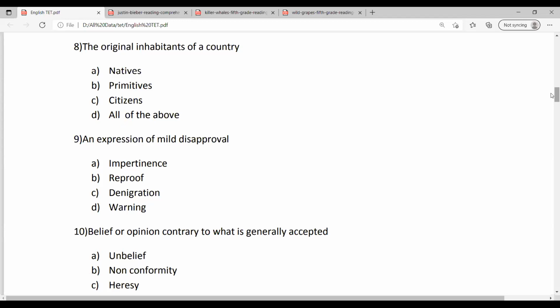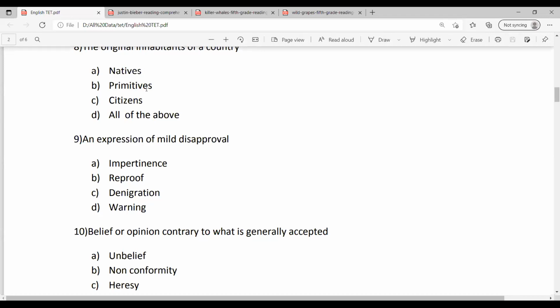All of the above is also given to confuse you. Citizens need not be original inhabitants of a country. I could go to America and acquire that citizenship, but I'm not the original inhabitant of that country. So this word citizen tells you it is not all of the above. The confusion is between natives and primitives.